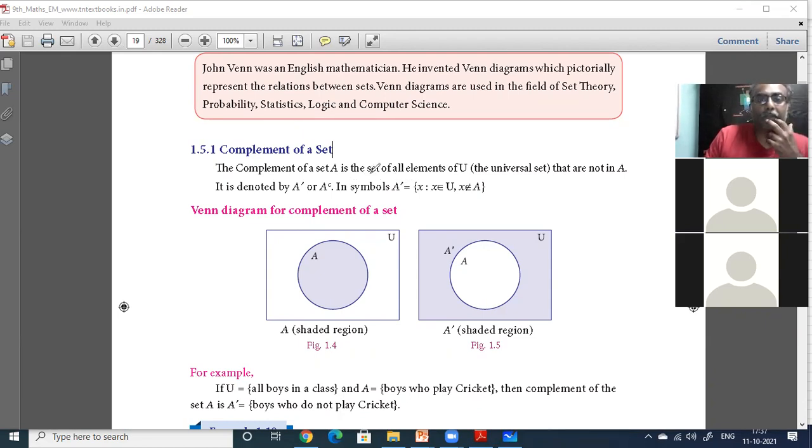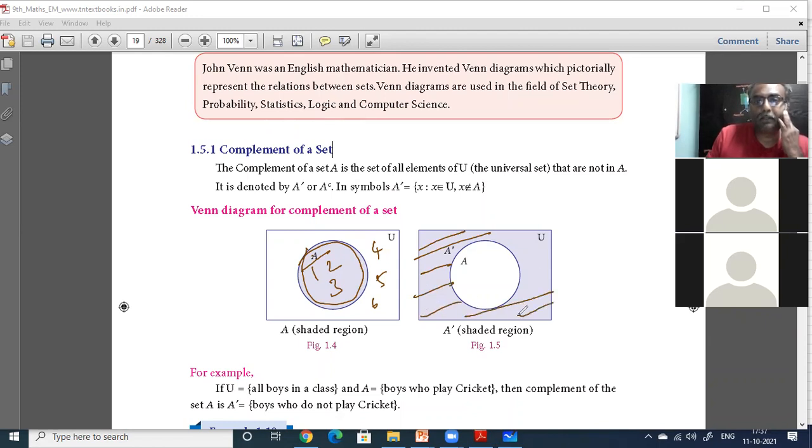So the complement of a set A is the set of all elements of the universal set that are not in A. So this is set A. Let us say 1, 2, 3 is here, and 4, 5, 6, all of that is there. Now the complement of set A will be this area.